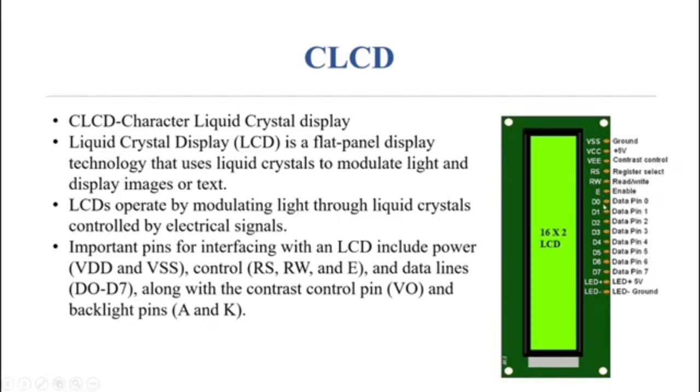E means enable. These are data pins. And LED plus, LED minus means in the backside of this LCD we kept one LED built in, and when we give the supply to the LED positive and LED negative, we can see clearly what is printing on the LCD.